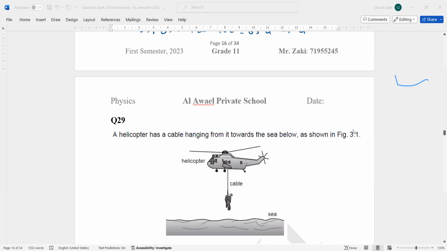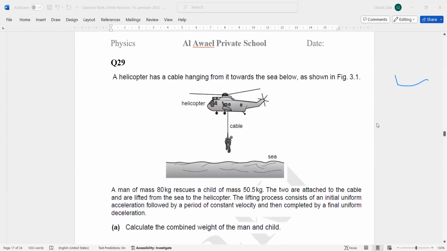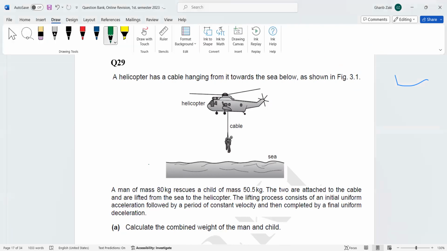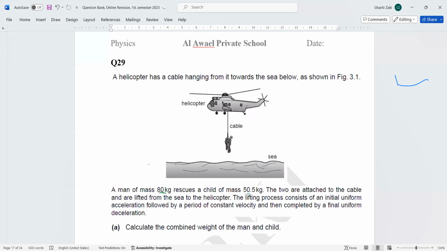Now we go to question number 29. He said, a man of mass 80 kilogram. So the mass of the man is 80 kilogram. A child 50 kilogram.